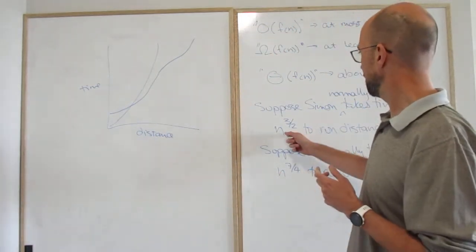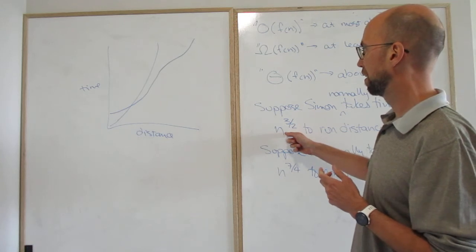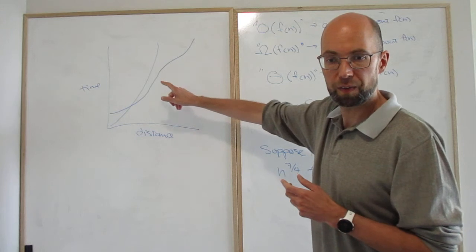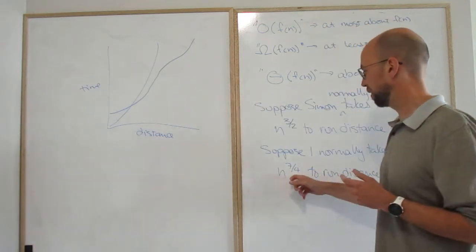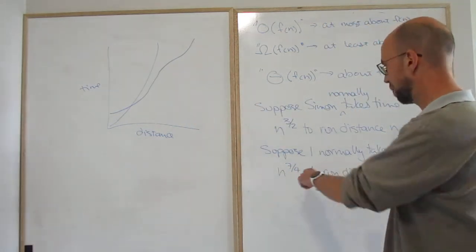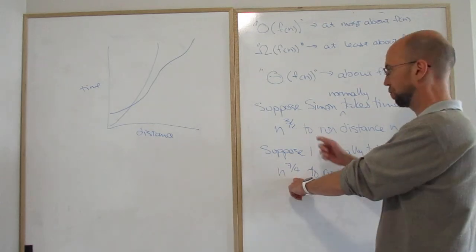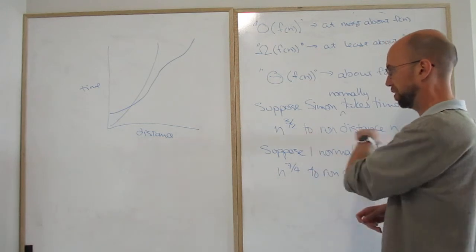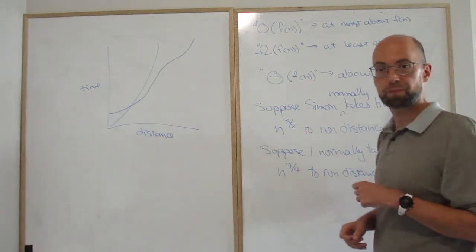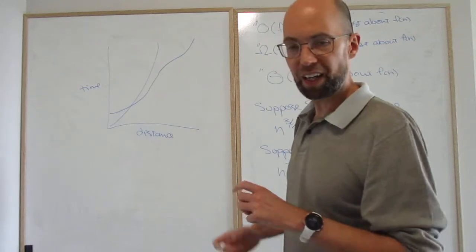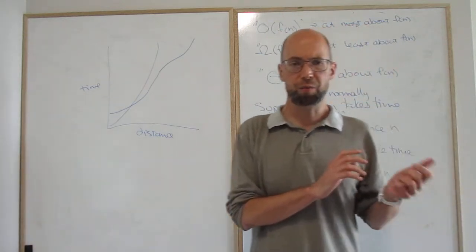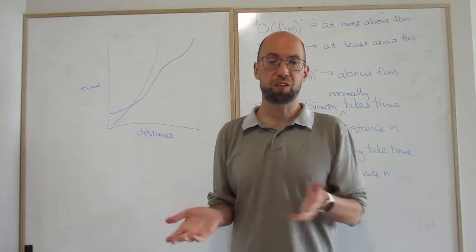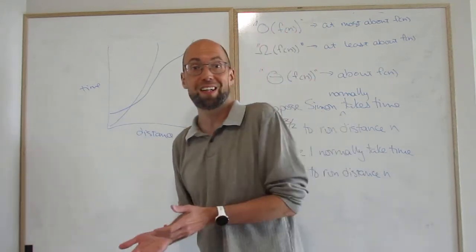Wait, but Simon is running at the 3/2, and I take more time to run, this is the time that I take to run distance n. Sorry, I originally was writing it one way, maybe I've messed it up in the lecture notes. But the idea is, for programs we usually talk about time.